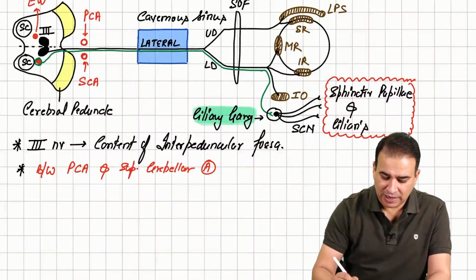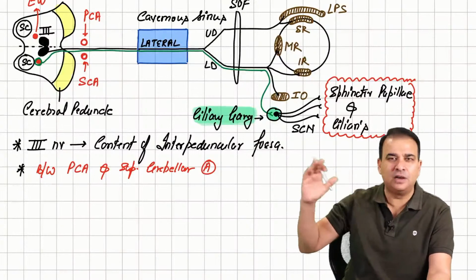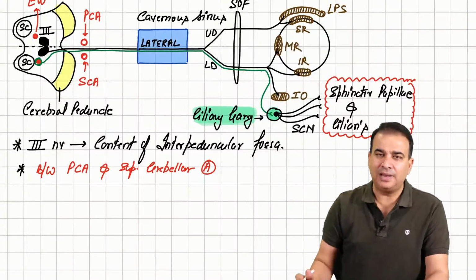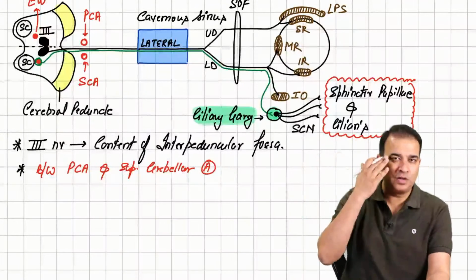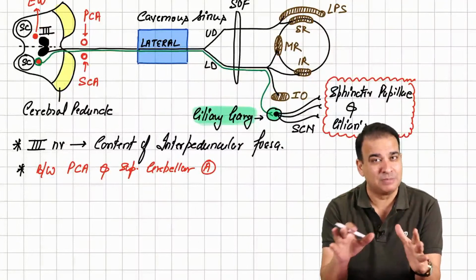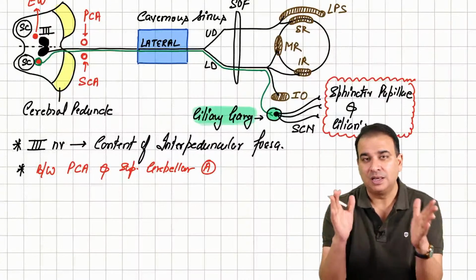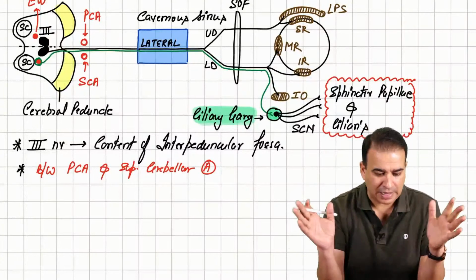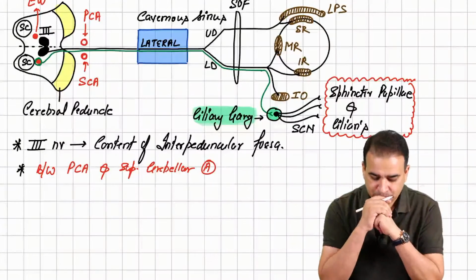Once they relay in the ciliary ganglion, the post-ganglionic fibers, the multiple short ciliary nerves, come out from there and supply the sphincter pupillae and ciliaris muscle. Remember, dilator pupillae is supplied by sympathetic nerves, so not dilator pupillae, of course. It's sphincter pupillae and ciliaris.